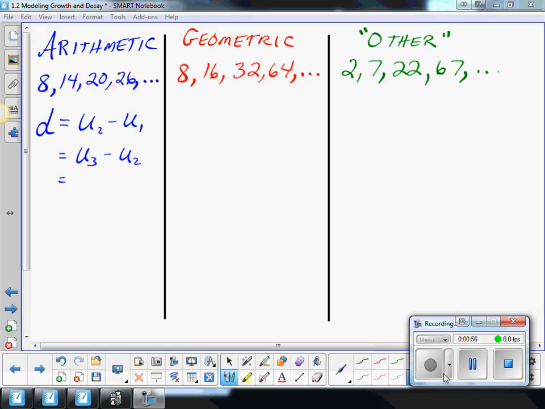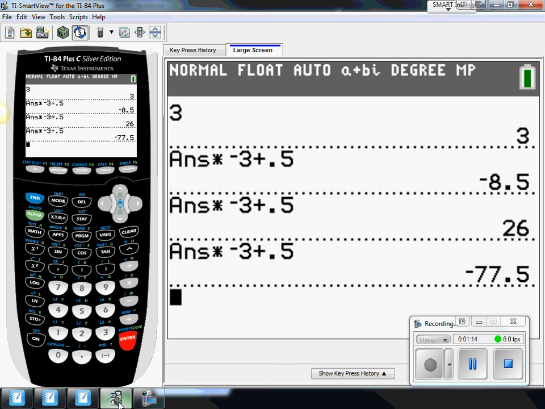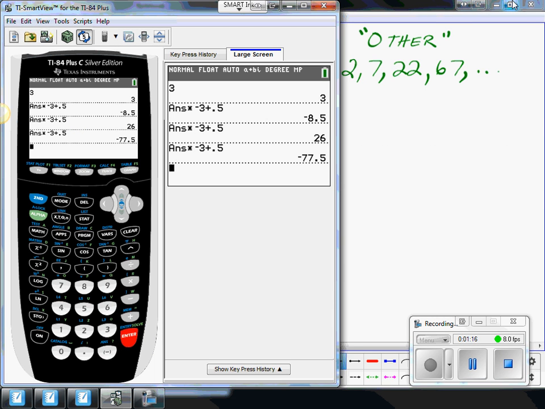Continue that pattern. See if the fourth term minus the third term is the same as well. If those differences are in common, it's called a common difference, and it is indeed an arithmetic sequence. All right? You're checking to see if it has a common number that you add every time or subtract to get from term to term.